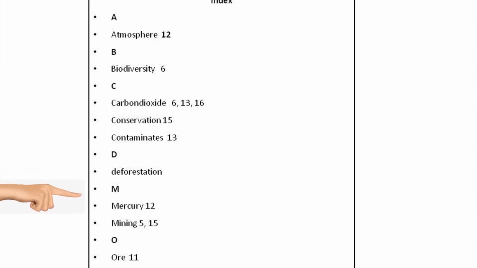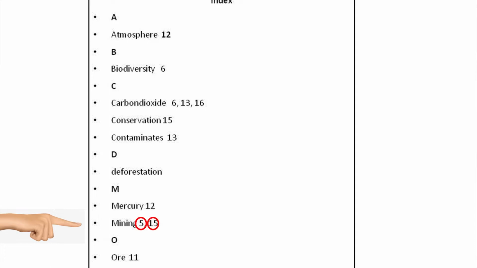So let's go again. Aha! Have you found the word mining? Good job. Now, can you tell me on which page or pages will I be able to find information that relate to mining? Let's look closely. That's right.